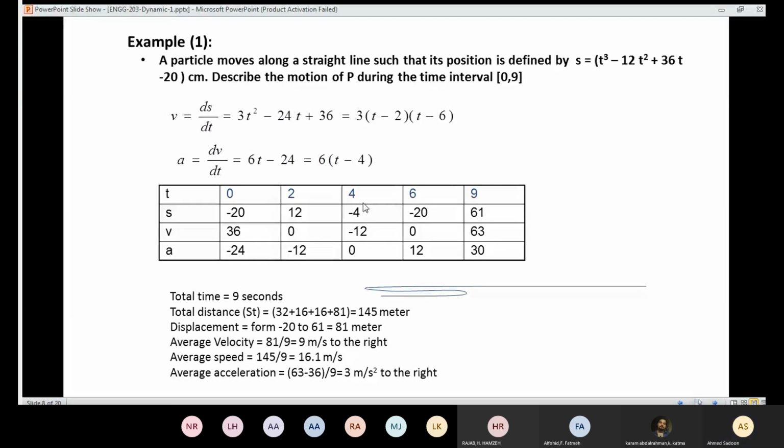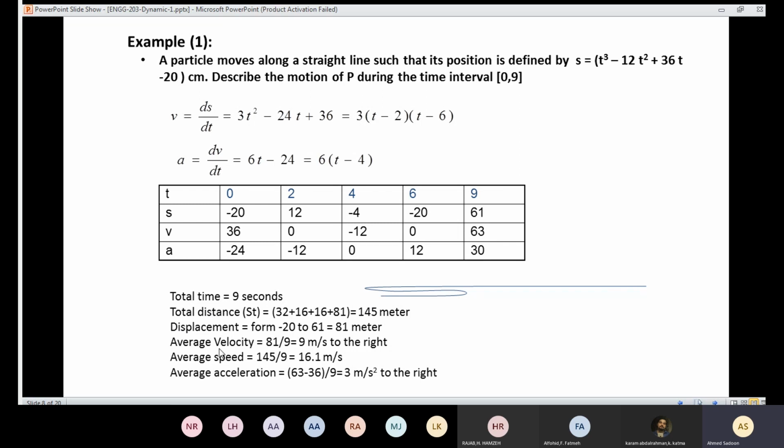Also here, until I get to the last point. Okay, so here I can know the total distance traveled. Also, the displacement is going to be minus 20 and 61, which is 81, the difference between this point and that point, while the total distance is all of this distance traveled. This is the difference between the total distance and the displacement.